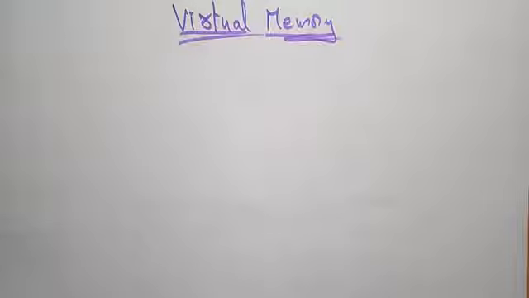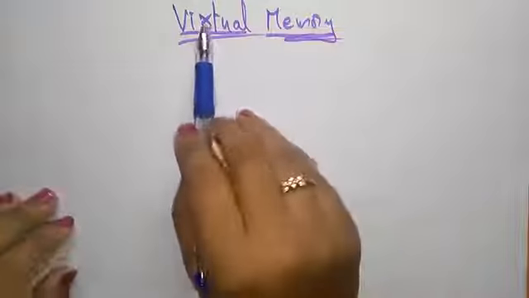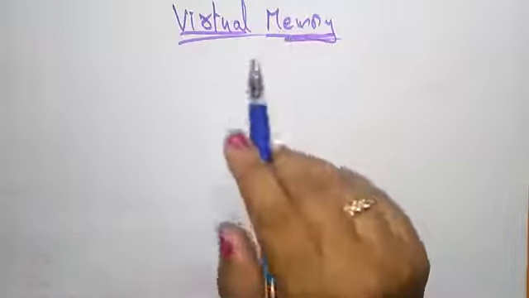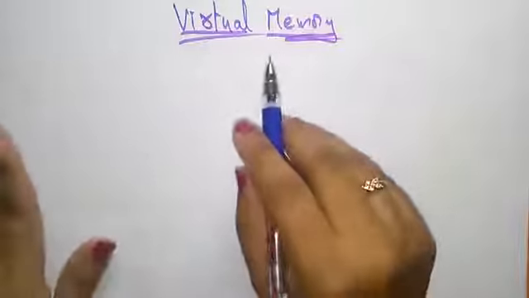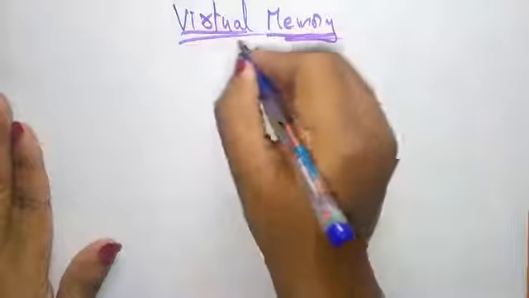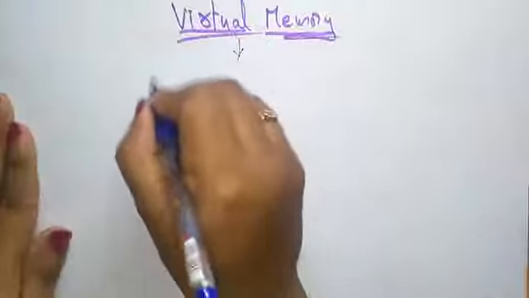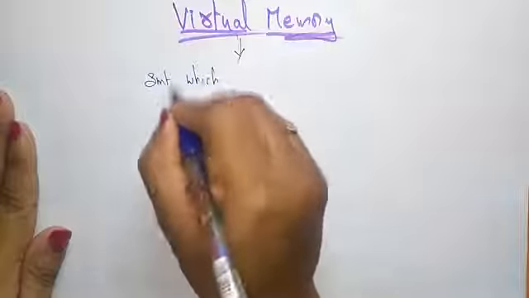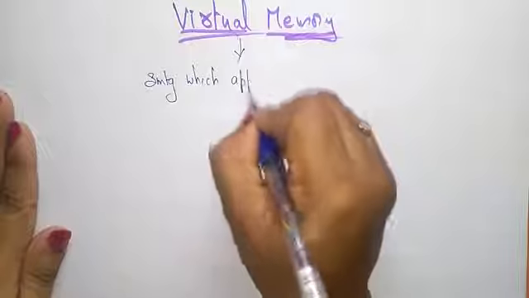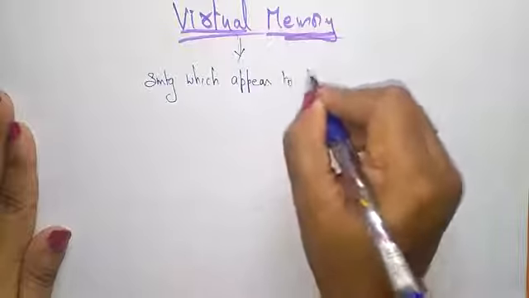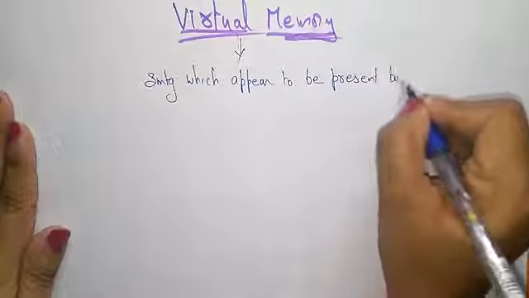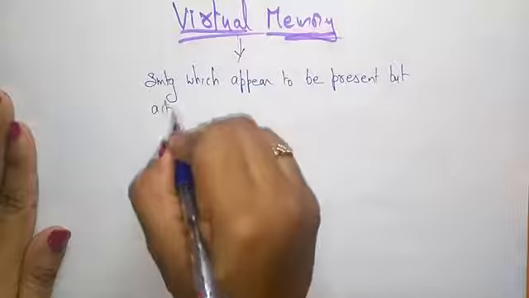So what do you mean by virtual memory? The term virtual memory refers to something which appears to be present but actually is not. We think that it is present, but actually it is not.